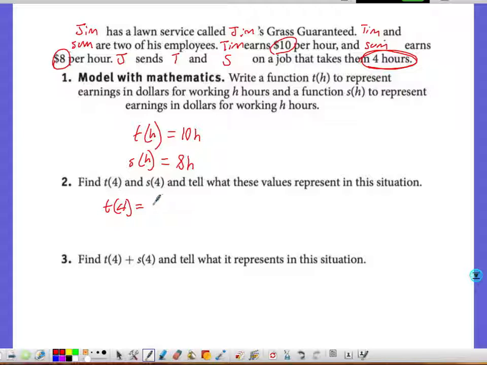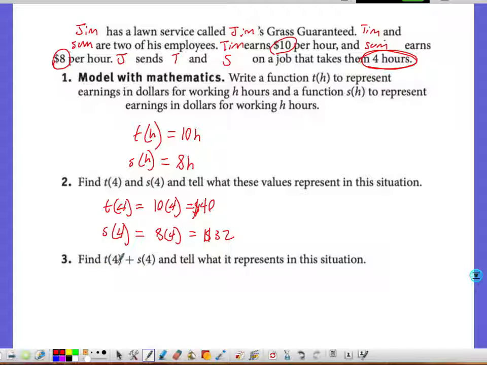Find t of 4: multiply 10 times 4, that gives me $40. And for Sam, it's s of 4, so 8 times 4, which is $32. So Tim makes $40. Sam makes $32.